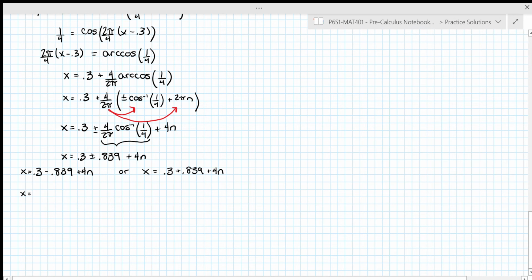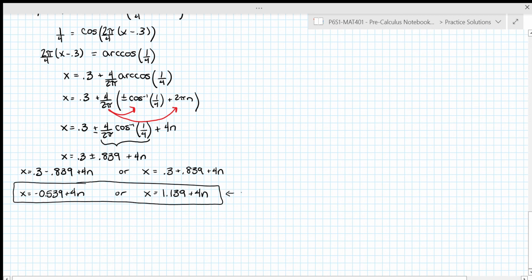So here, 0.3 minus 0.839 would get negative 0.539 plus 4n, or x is 0.3 plus 0.839 would be 1.139 plus 4n. And there is my general solution.